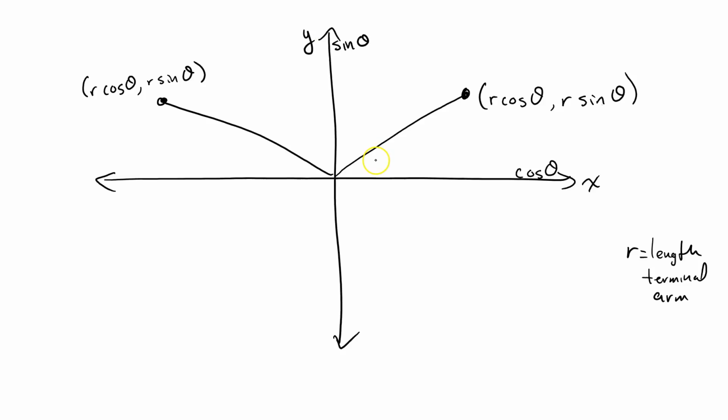So this one right here would be theta, and I'm just going to say theta 1. And this guy right here would be theta 2. I'm just going to use a different color here just to really make that stand out. Theta 2, just so that we can differentiate the two a little bit.